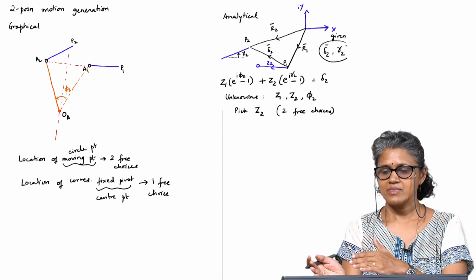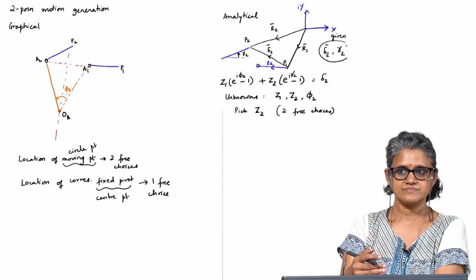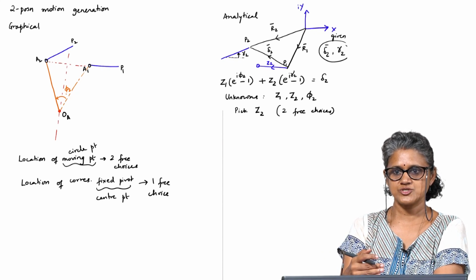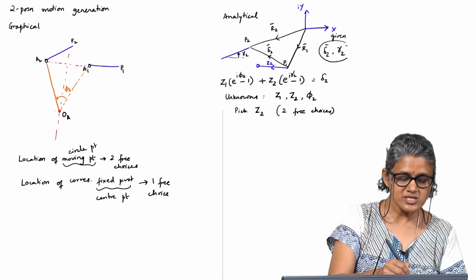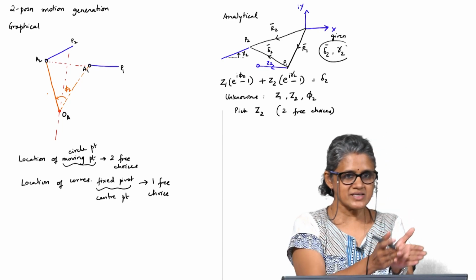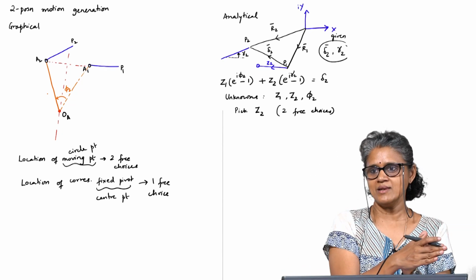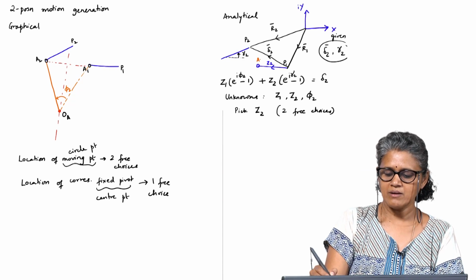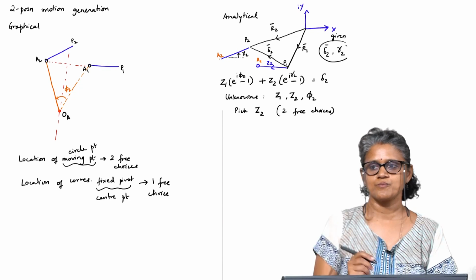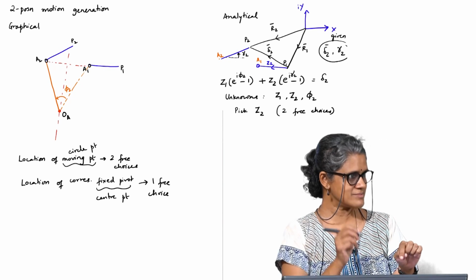That is what I am picking in this case as my free choice. Then I can find the corresponding Z1. What is that vector Z1 that rotates through this angle phi 2, so that A1 moves to A2. So, I am trying to locate this point OA by that means.